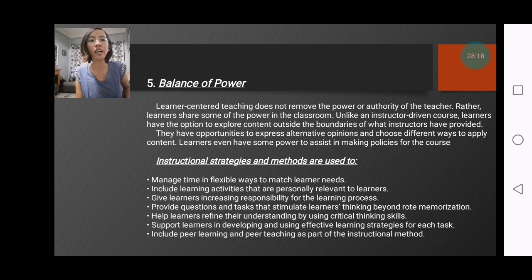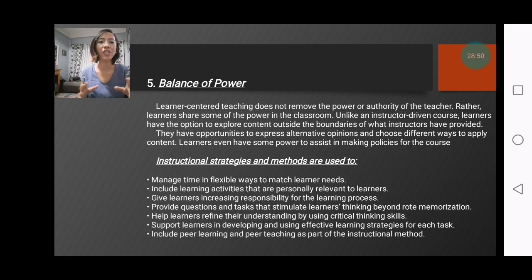So include learning activities that are personally relevant to learners. Of course, having the decision early on and having choices of strategies and methods before you as a teacher would mean you already have much of the chance to choose later on which method would fit the learning activities that will definitely be relevant to your learners. Okay?